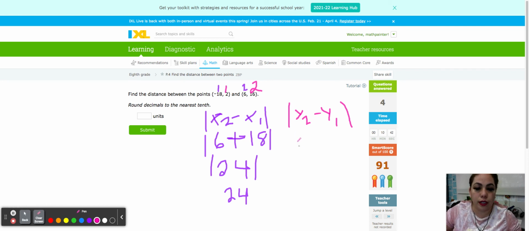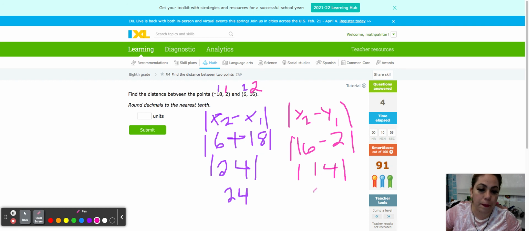On the next one, 16 minus 2 absolute value. 16 minus 2 is 14 absolute value. Once you take out the absolute value, it's always a positive number, so 14. All right, so we have our A and we have our B. For the triangle, we need our C. So let's see.